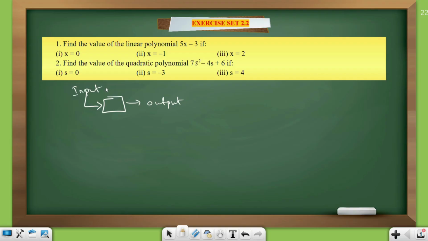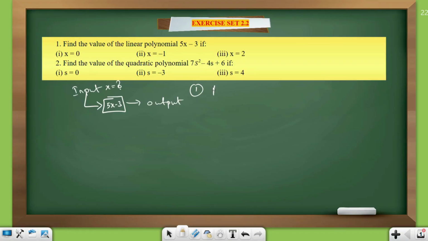The input values are x values, and the output values come from substituting the x value in the given polynomial. Here the polynomial is 5x minus 3, so we are going to substitute the values of x and find each output.